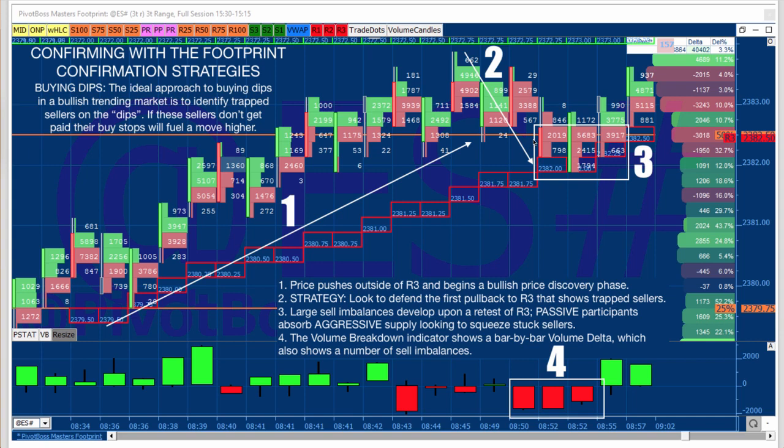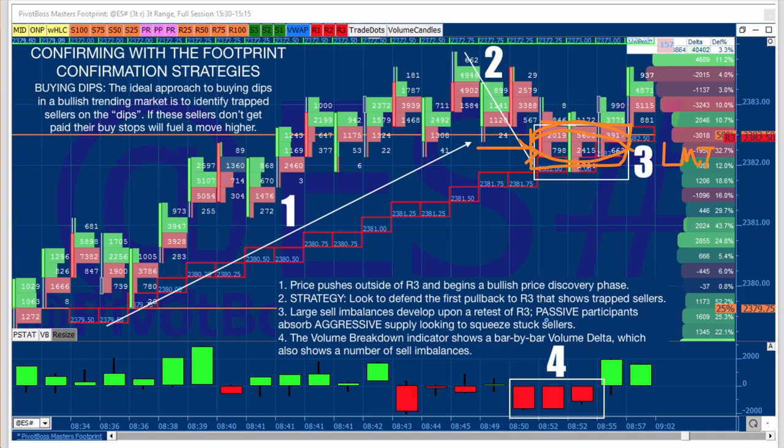So this was very, very powerful, but again, you have to understand the concept here of who's doing what. These sellers right here are selling at the market. They are hitting the bid. But price isn't going down because you have limit orders sitting here absorbing all of the supply.